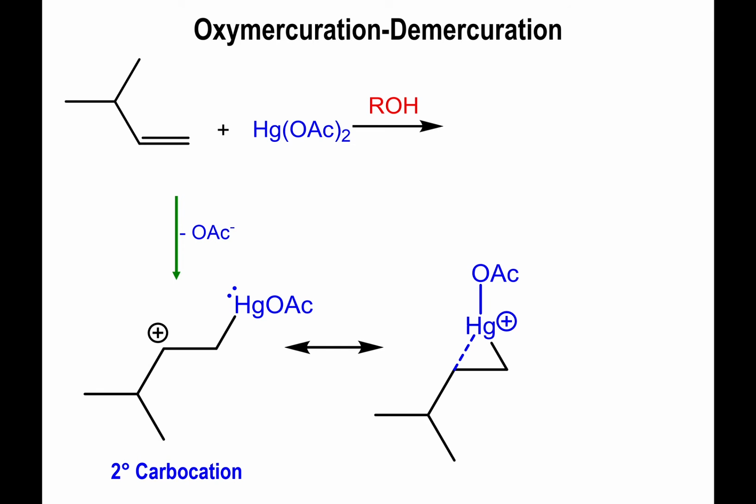So in essence, you're dealing with this mercurinium ion, which looks a lot like a bromonium ion, and it's the same idea. The size of bromine is large enough that it can sit on both of those carbons at the same time, creating more stability for the carbocation being formed, but also restricting it so no rearrangements happen whatsoever.